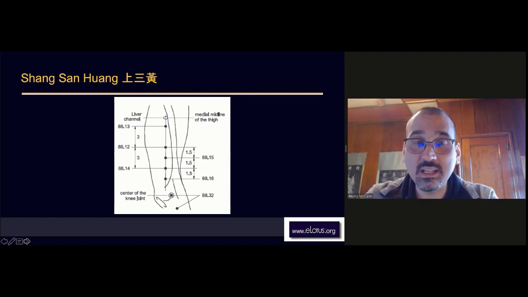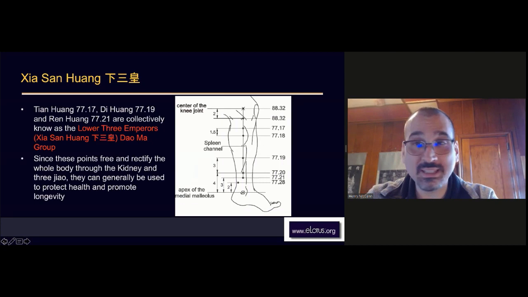So in Chinese, to differentiate, we say if it's upper, which then means it's the yellows, or lower, which means it's the emperors. If you say it in English, no one cares. In English, it's just the three emperors or the three yellows. You don't have to specify upper or lower. It's only really essential in Chinese.